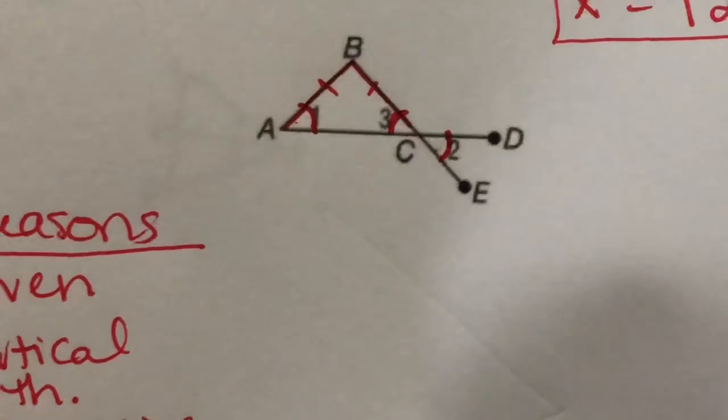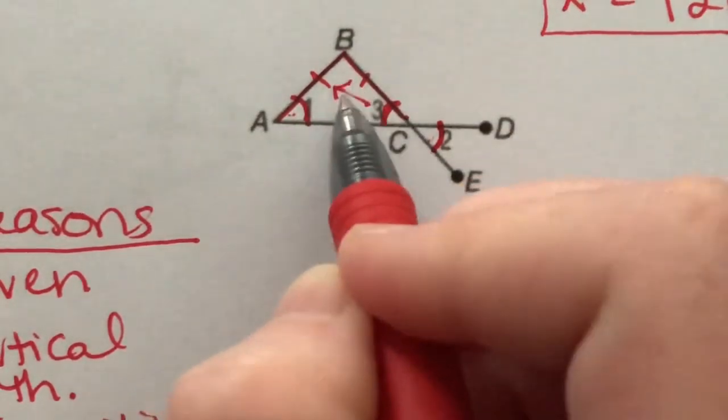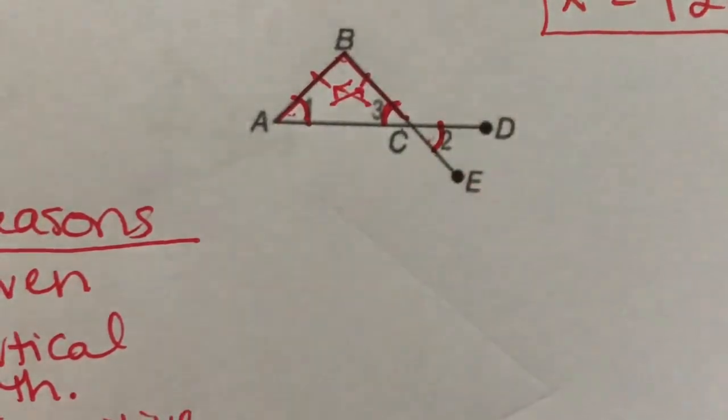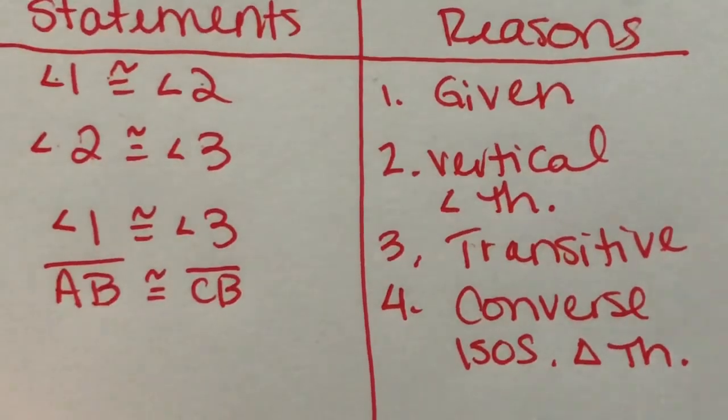Our two angles here are this guy and this guy, so the sides across from them have to be congruent, and I had to prove that AB and BC were congruent. So that's what I did. Here's your proof. Hopefully that helps. Let me know if you have questions.